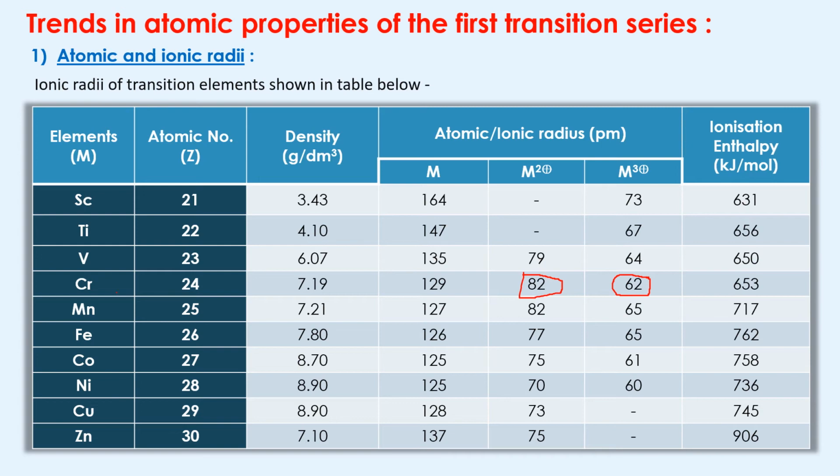Okay. So you consider ionic radii for different elements in the same ionic form, meaning the same oxidation state, or you consider the same atom but in a different oxidation state or different ionic form.